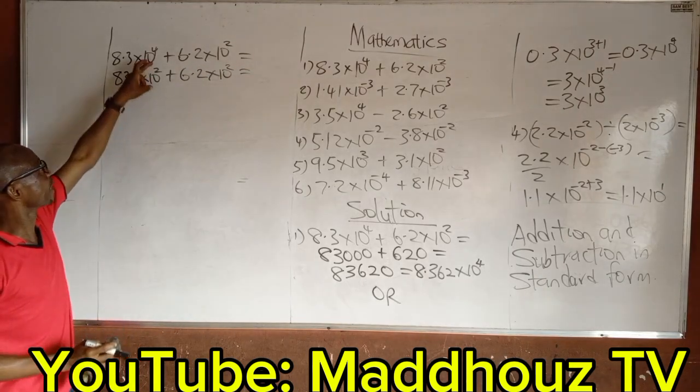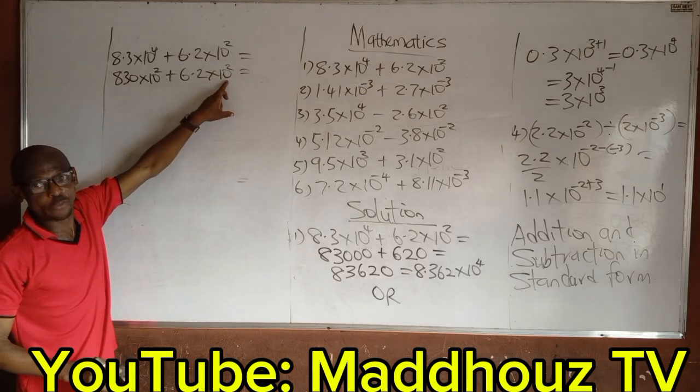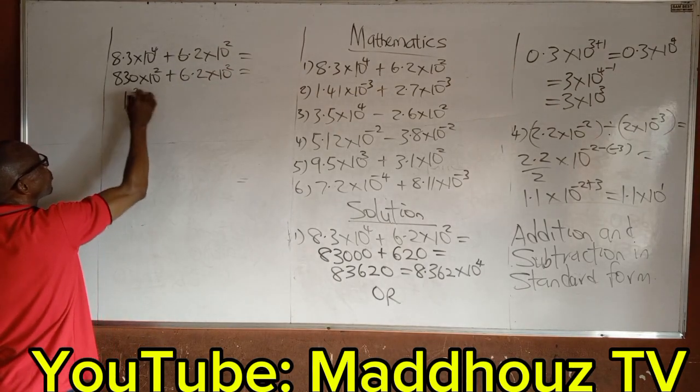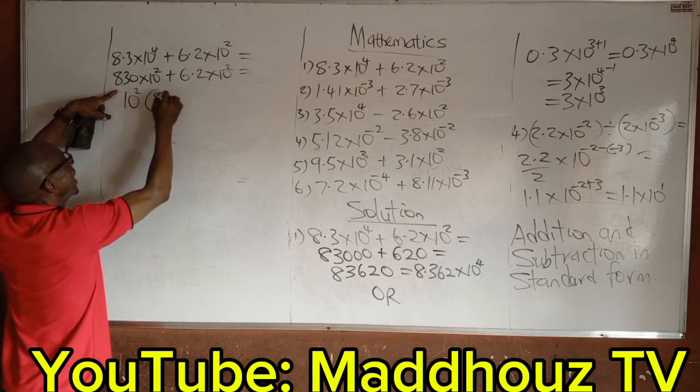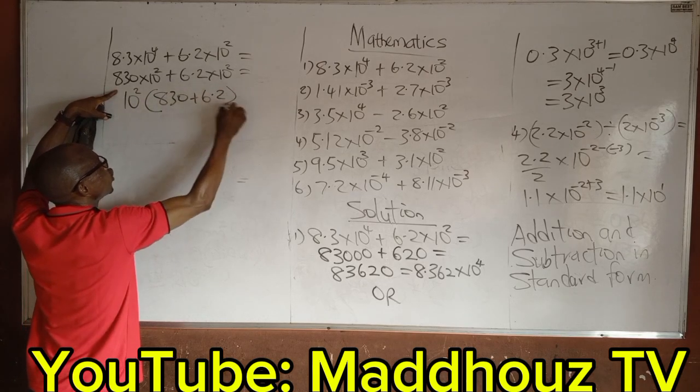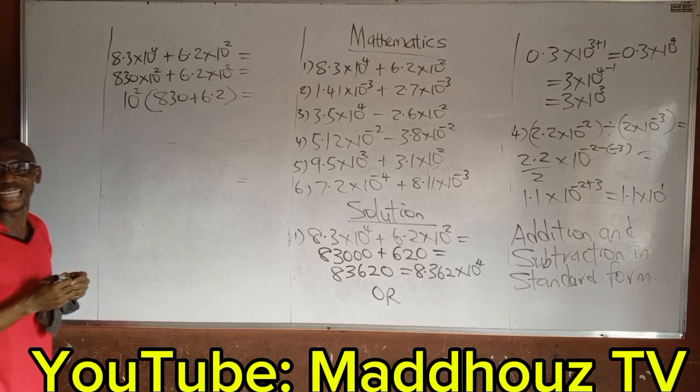So we have succeeded in making the powers the same. If the powers are the same, we can now add up by saying 10 raised to power 2, open bracket, 830 plus 6.2. Let's add.